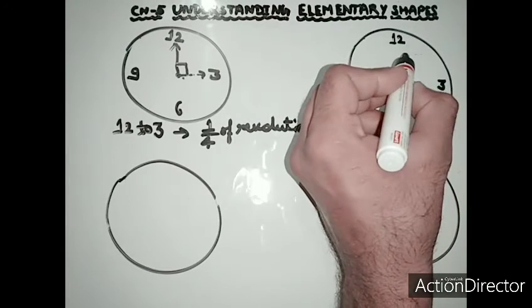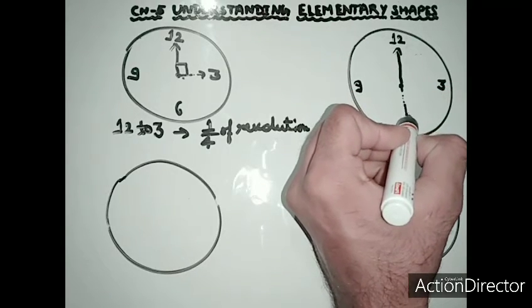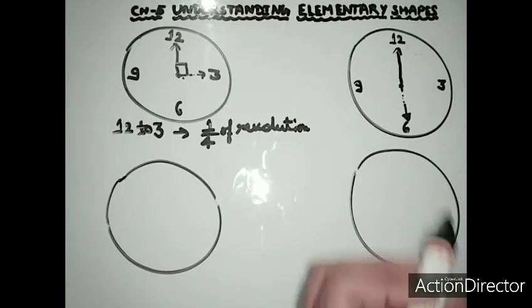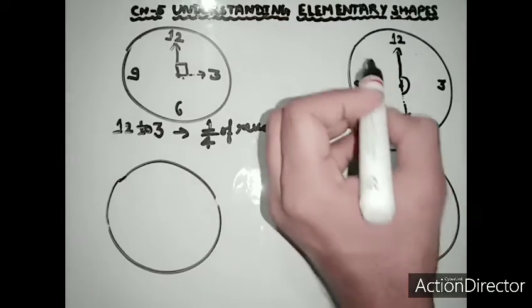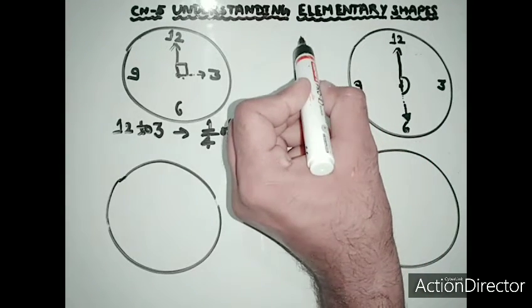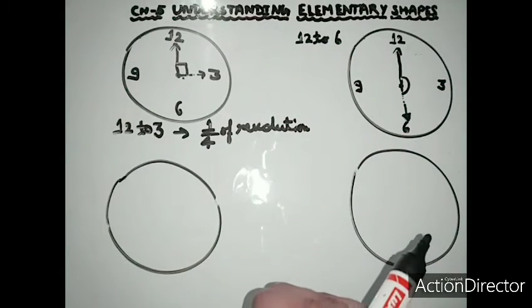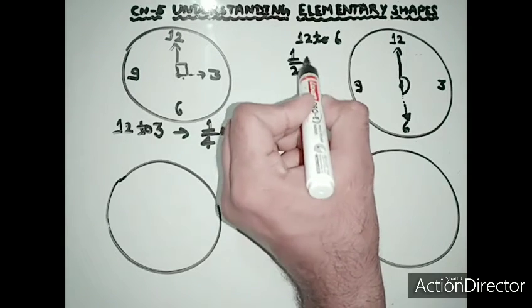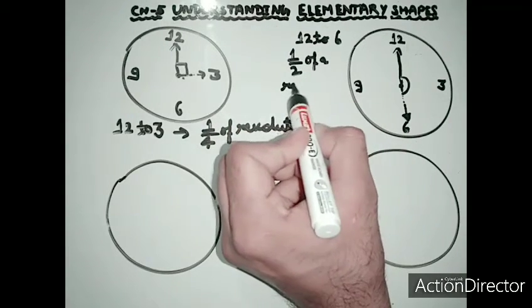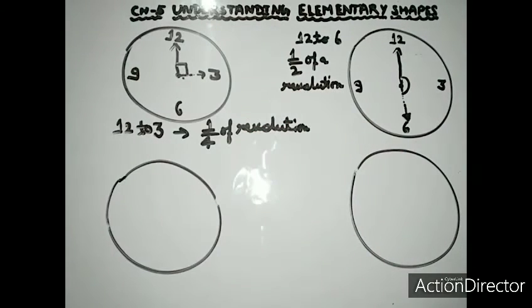Now when the minute hand moves from 12 to 6, it forms a 180-degree angle here, and here we write 12 to 6 means 1 upon 2 of a revolution, and we also say half of a revolution.